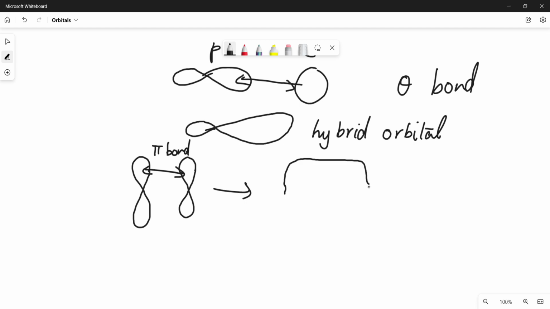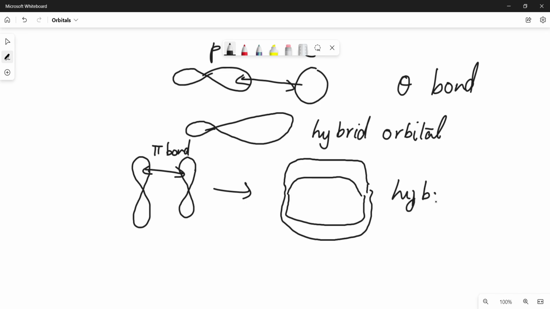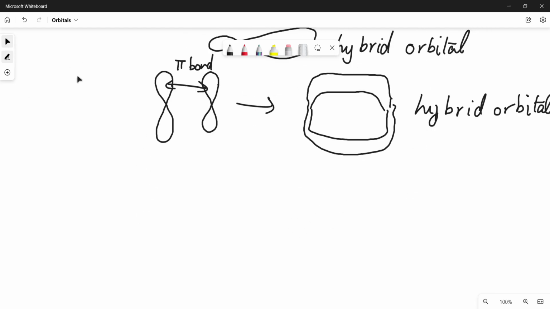Let me draw this. And let's do that, and let's do that. Okay, so this is the hybridized version, hybrid orbital.